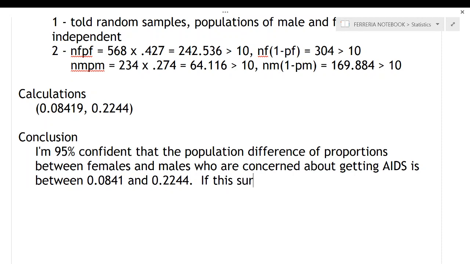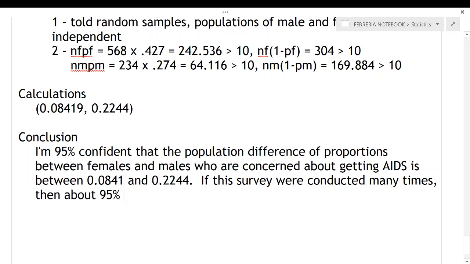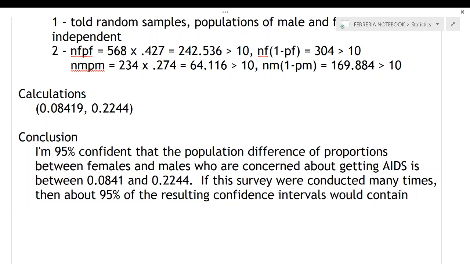If this survey were conducted many times, then about 95% of the resulting confidence intervals would contain the true proportion.